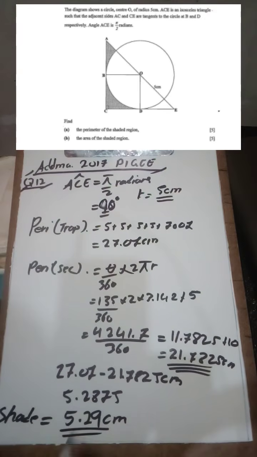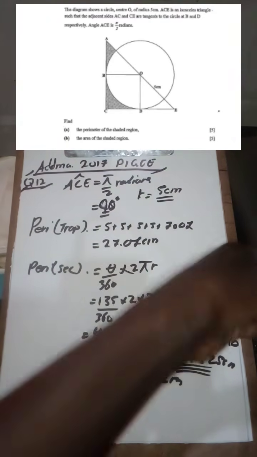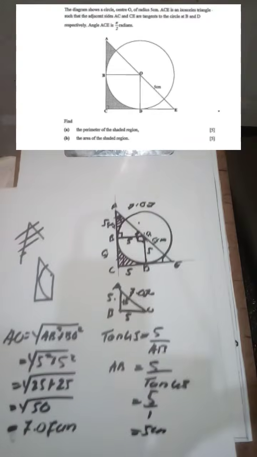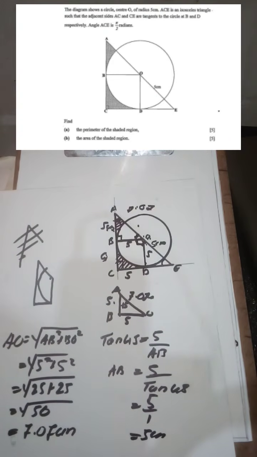Shaded perimeter is 5.29 centimeters. So that's how you go about finding the perimeter of the shaded area. Then again, the next part is asking us to find the area of the shaded part. At least we have already done something that is going to make our work easy.